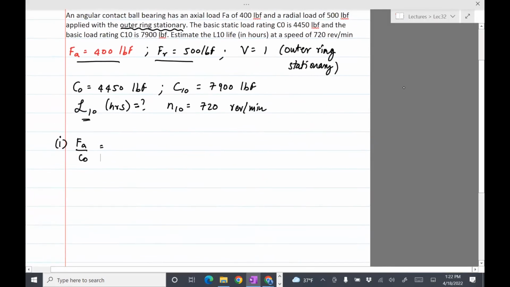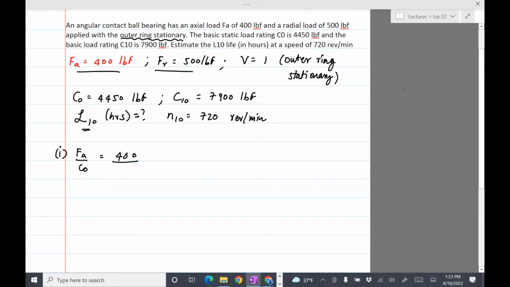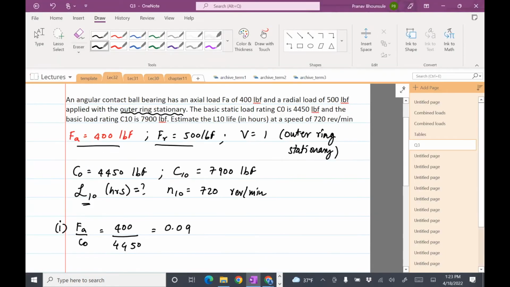Okay, so FA divided by C0 is going to be 400 divided by 4450. That is 0.09. Okay, so let's take that 0.09, go back to the table.